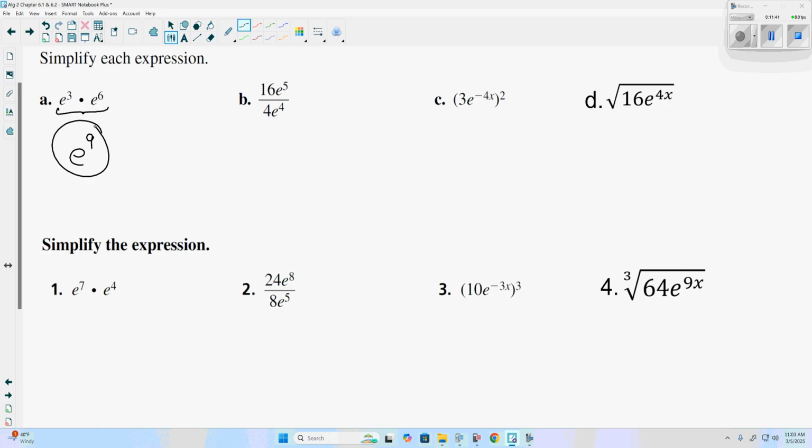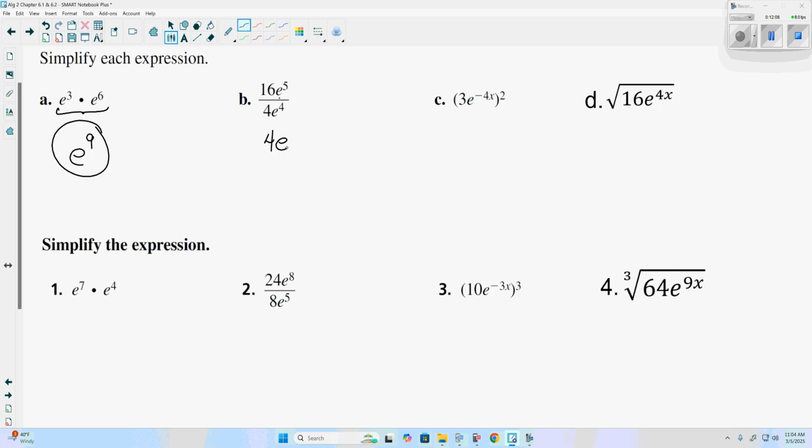We can also divide them. 16e to the fifth divided by 4e to the fourth. Well, let's simplify 16 over 4. 16 divided by 4 is 4. E to the fifth over e to the fourth. When we divide like bases, we subtract. 5 minus 4 is 1, and is it bigger on top or bottom?